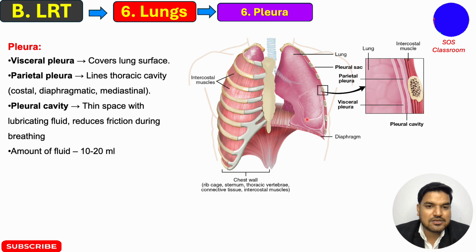There may be chances of friction and injury during inspiration and expiration. So to prevent injury to the lungs, there is fluid present, called the pleural fluid or serous fluid, approximately 10 to 20 ml.